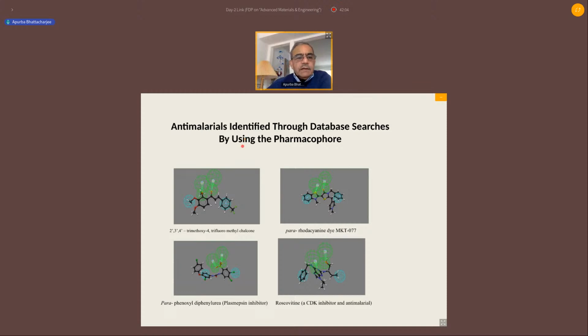We found, surprisingly, 4 different classes of compounds, totally different from tryptanthanes, and all of them were found to be excellent antimalarial compounds. This is the beauty of the pharmacophore model: you don't have to go for a single category of compounds. You can utilize the model to search the database to find a completely new class of compounds.